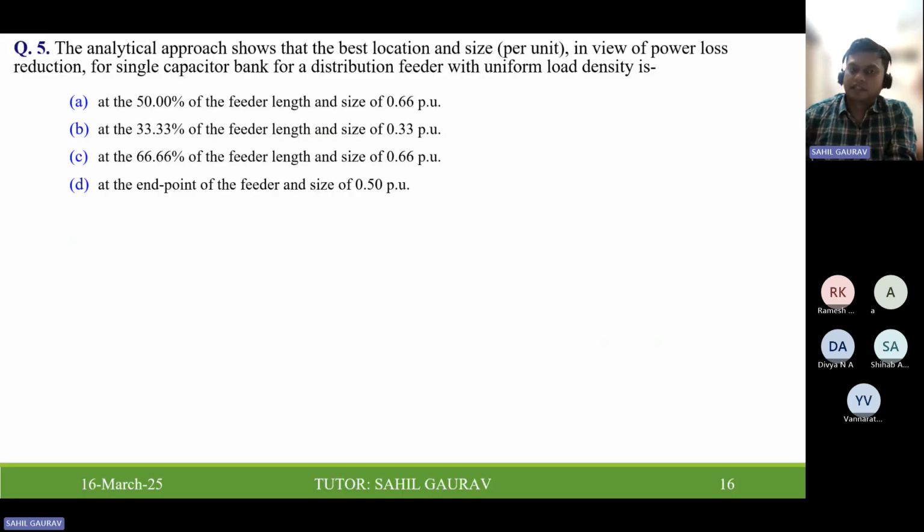Yes, Dev, you are correct. C is the correct answer: at 66% of feeder length and size of 0.66 per unit.